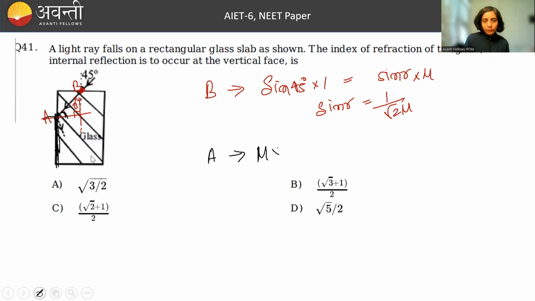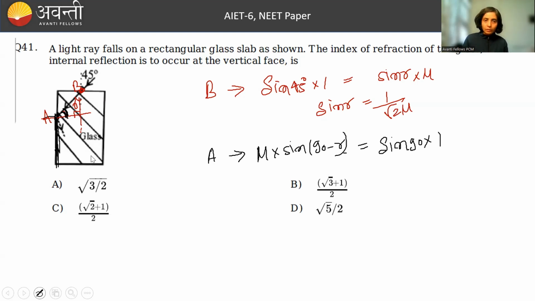So mu into sine 90 minus r. And if I'm assuming this as the critical angle, then the angle of refraction will be equal to 90 degree, this into 1. Because if total internal reflection has to happen, this angle should be at least equal to the critical angle. It can be greater than that, but at least equal to this. So for the minimum case, we are going.